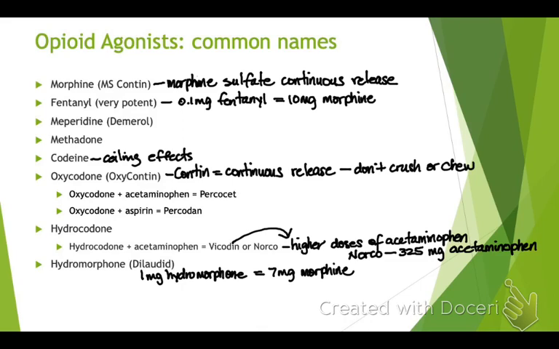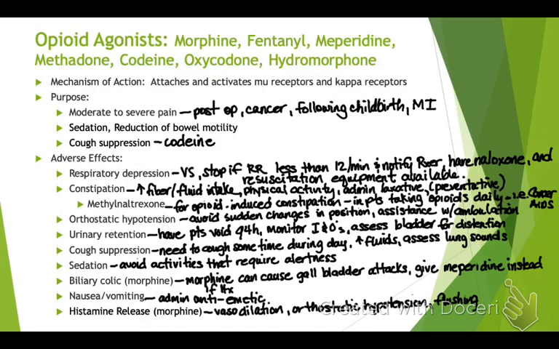All right, so now that we've discussed the common names of these opioid agonists, we're going to discuss their mechanism of action, their purpose, and adverse effects. These are the same opioid agonists that we discussed in the previous slide: morphine, fentanyl, meperidine, methadone, codeine, oxycodone, and hydromorphone.